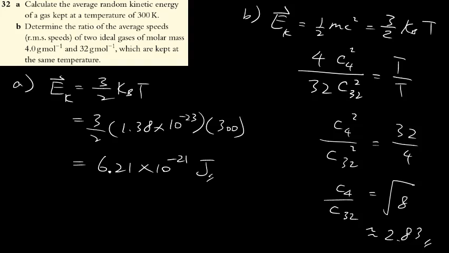Okay, so here comes the final boss of our exercise. And here is the calculation that I found. For part A, you need to calculate the average random kinetic energy at 300 K. They did not tell you any other information, but still you should be able to find the answer, which is 6.21 times 10 to the power negative 21 joule, by substituting the T and the kB correctly.